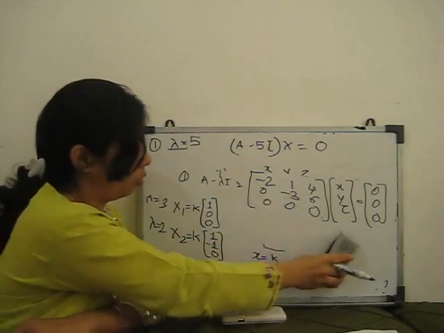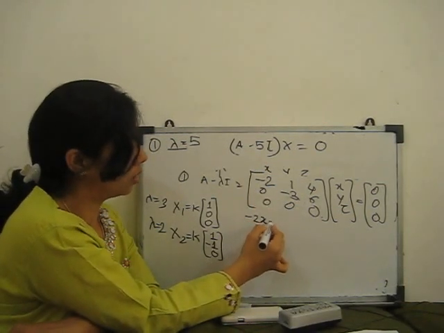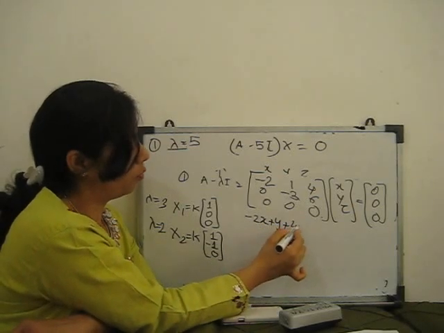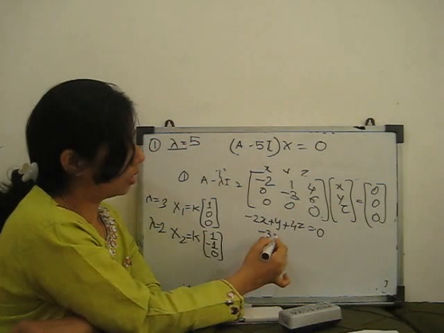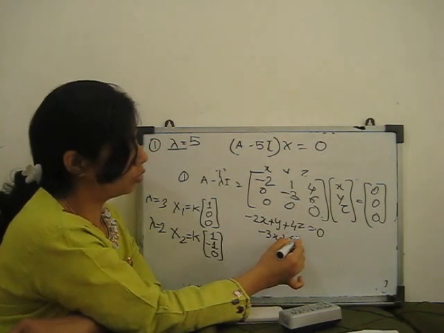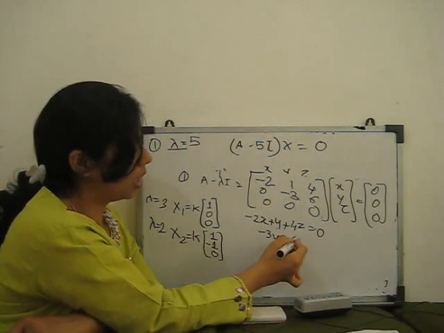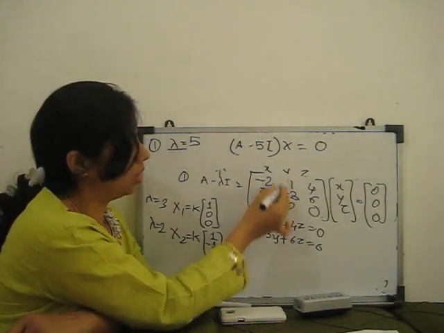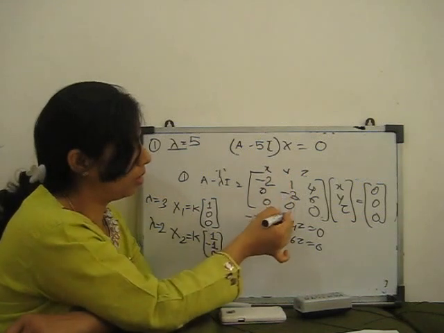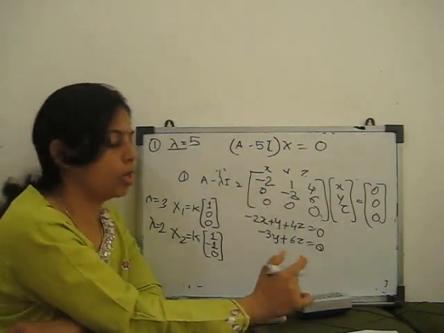Now we have to write the corresponding equations. Minus 2x plus y plus 4z equals 0. Minus 3y plus 6z equals 0, because the x coefficient is 0. Last, z has no constraint.